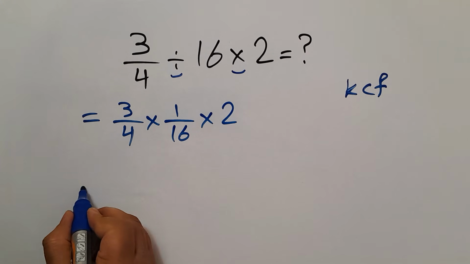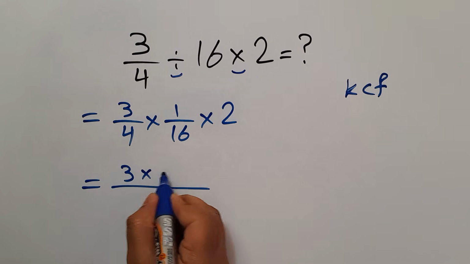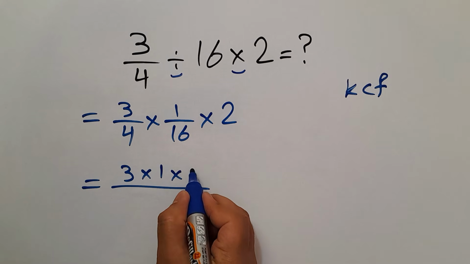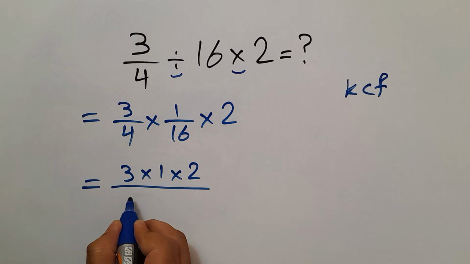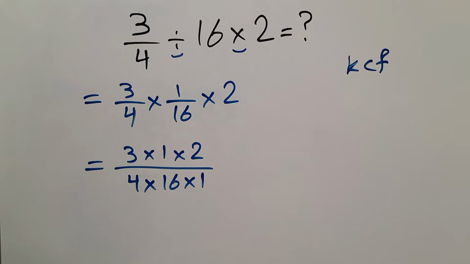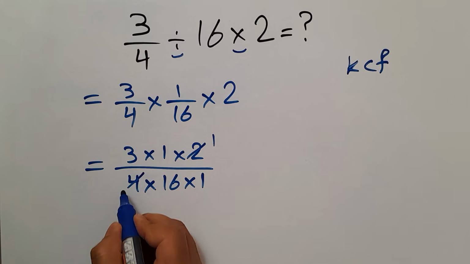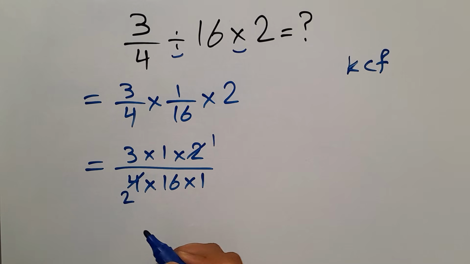Now, here we can write 3 times 1 times 2, okay, over 4 times 16 times 1. 2 divided by 2 equals 1, and 4 divided by 2 gives us 2.